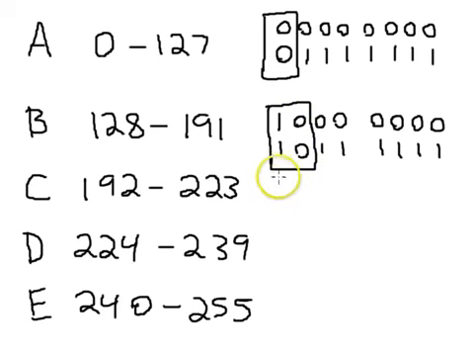And Class C addresses, as you might guess, start with a 1, 1, 0, and then it's followed by a bunch more zeros for the first one. So 192 is two 1s followed by 6 zeros, and 223 is two 1s followed by a 0 and then a bunch of 1s.